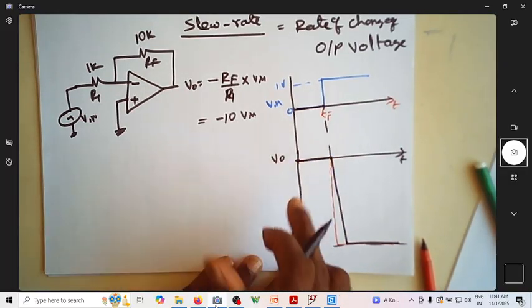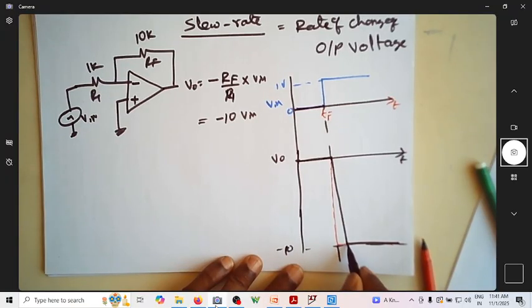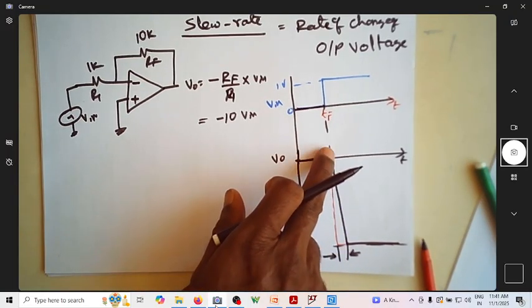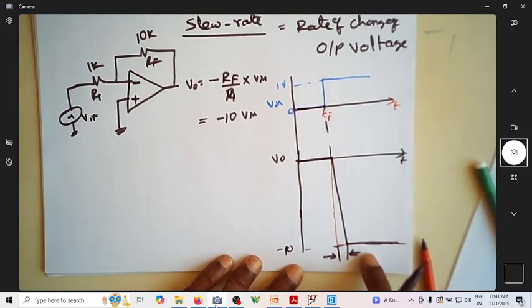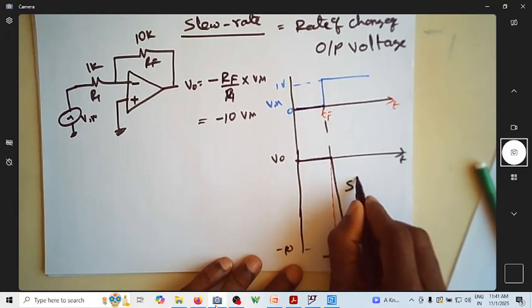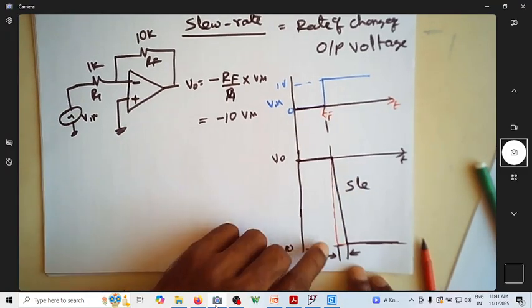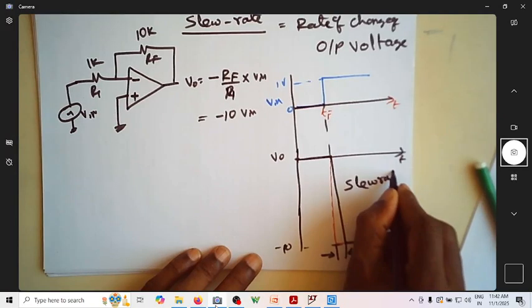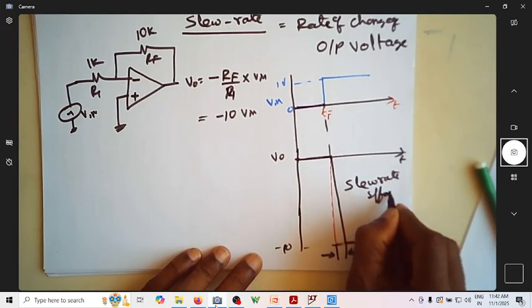It's not coming down to minus 10 immediately, but is taking some time. This is due to the slew rate effect. Instead of coming down here, it is coming a bit late.